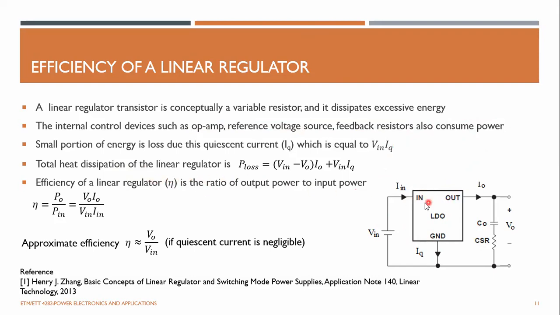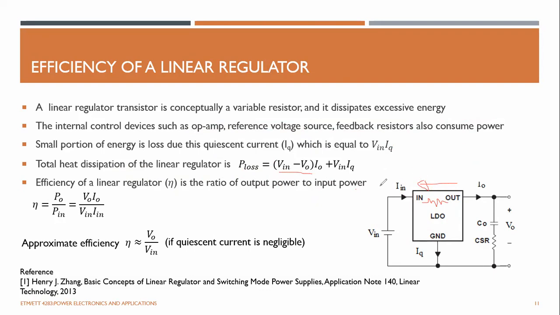across this series pass device, or the variable resistor. The total power loss is given in this equation. First, the power loss across this resistor. This voltage is V out and this voltage is V in, so the voltage difference across this resistor is V in minus V out.